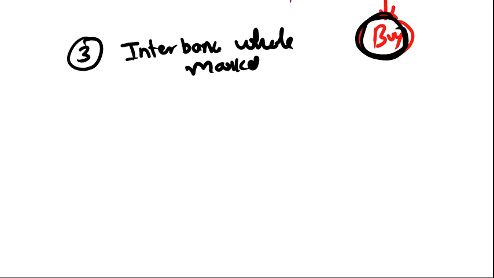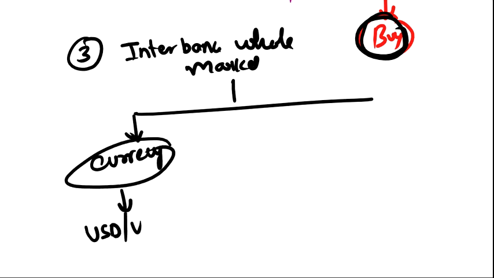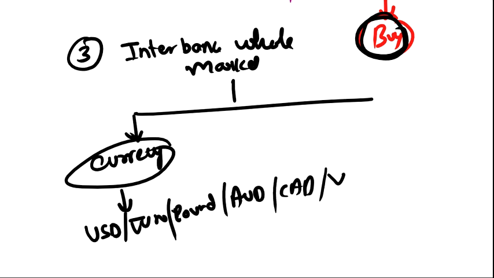But in the interbank, the spread depends upon many factors. Okay, what are those factors? Number one is the currency involved. If I talk about currencies like USD, Euro, Pound, AUD, CAD, Japanese yen, these are very popular currencies available in all markets.